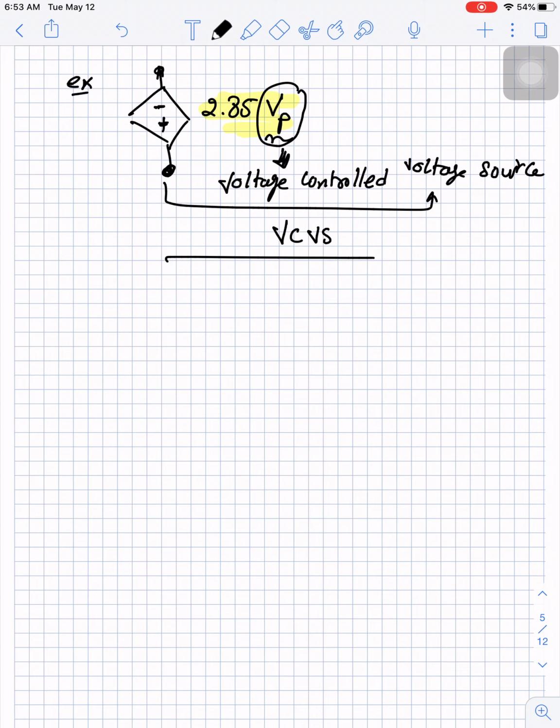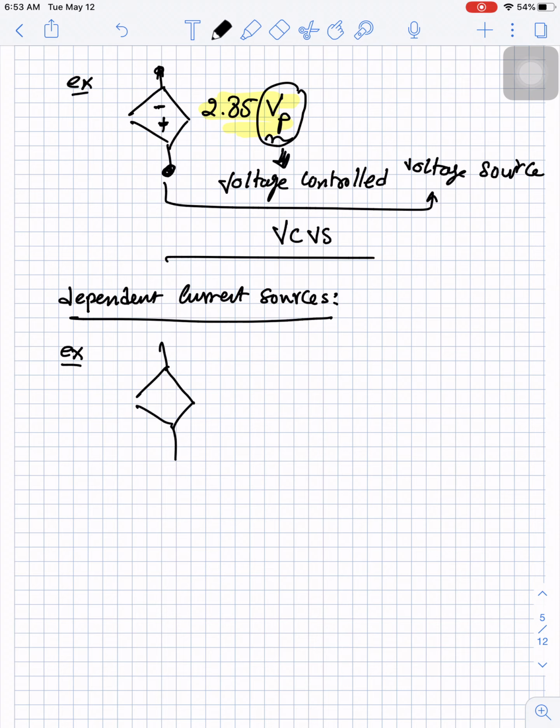Similarly, we can have dependent current sources. Let's take an example. If it is given in the circuit that you have a dependent source, and this dependent source is a current, and the function given is 2.43 IN.